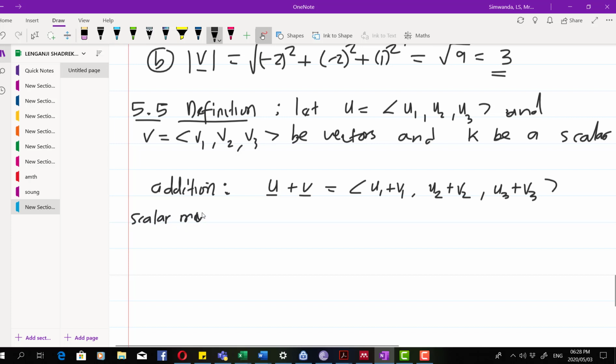So usually that's what we have, the addition and the scalar multiplication. Addition of two vectors, you get another vector. Multiplication by a scalar, you get another vector. So k times u, you get k times u1, k times u2, and k times u3.